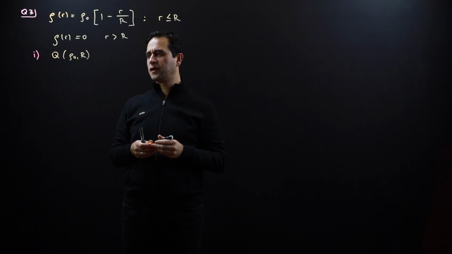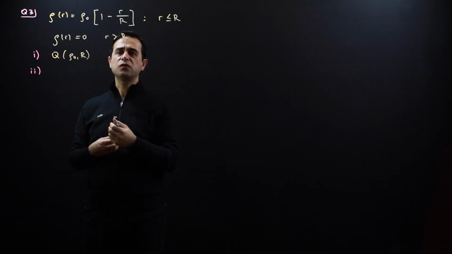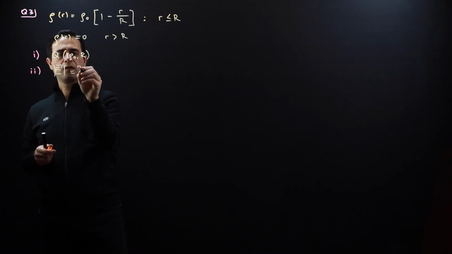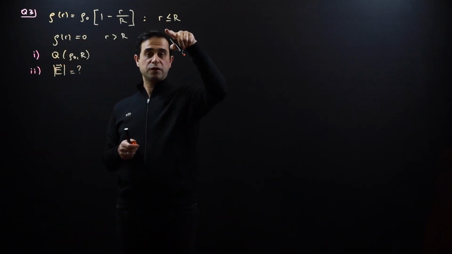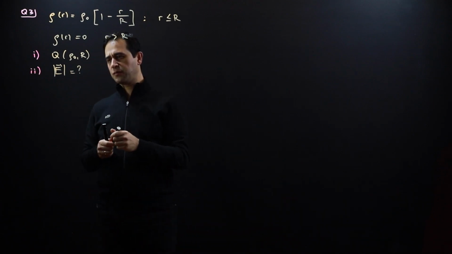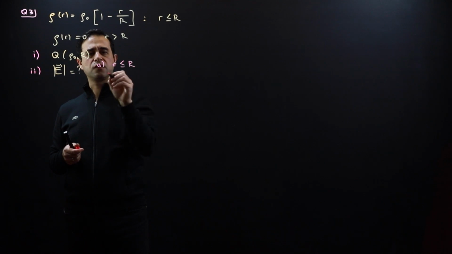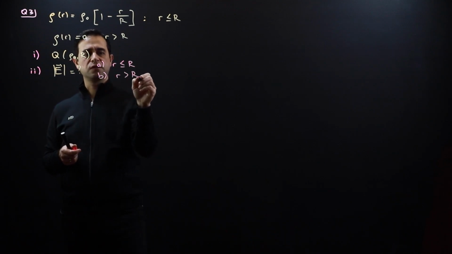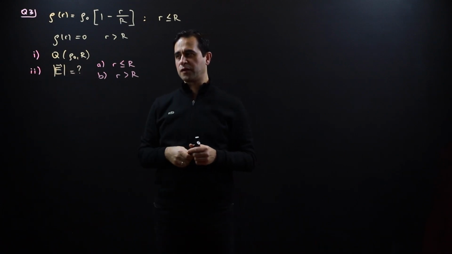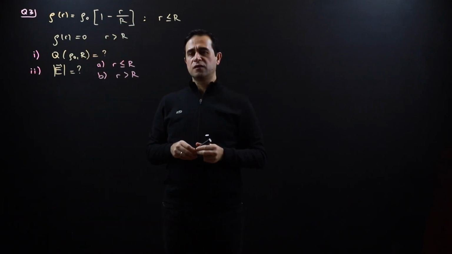And the second part is to calculate the magnitude of the electric field for two different situations: A, when r is less than or equal to R, and B, when r is greater than R. The second part is related to Gauss's law directly, and the first part is finding Q in terms of the other constants which are given in the question.